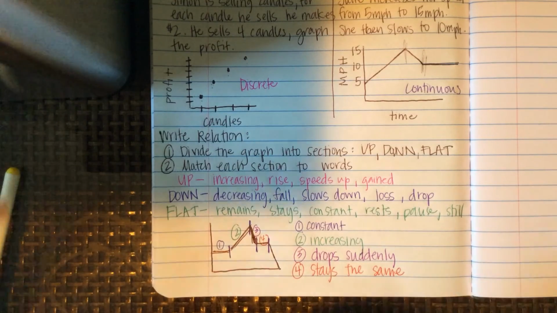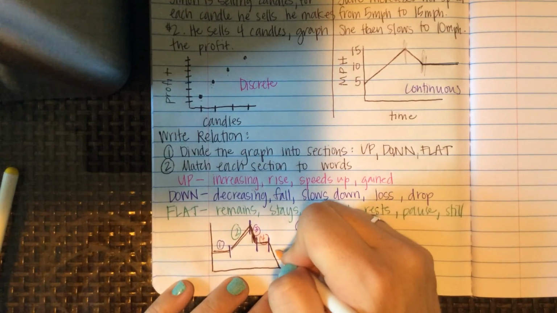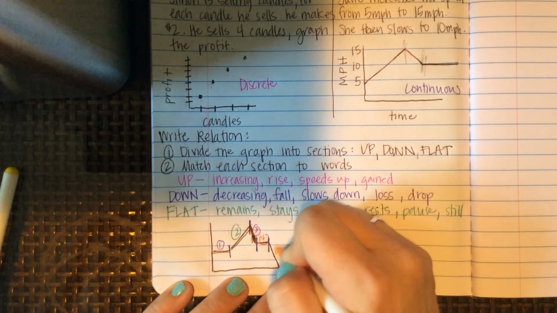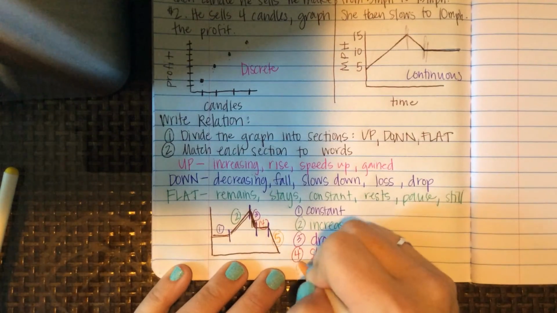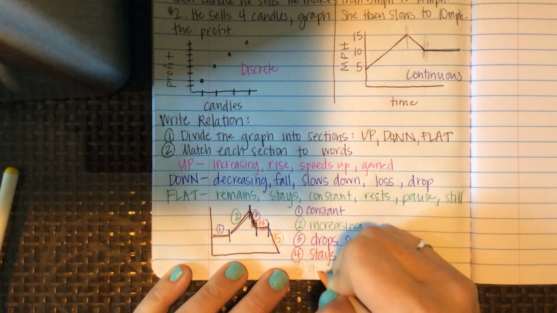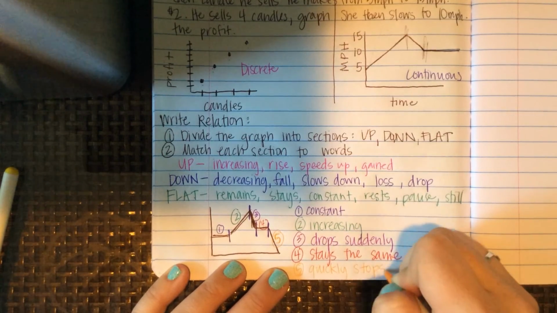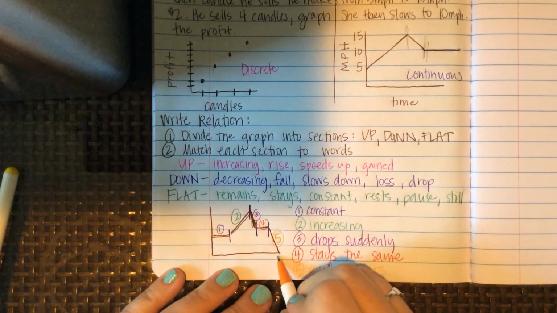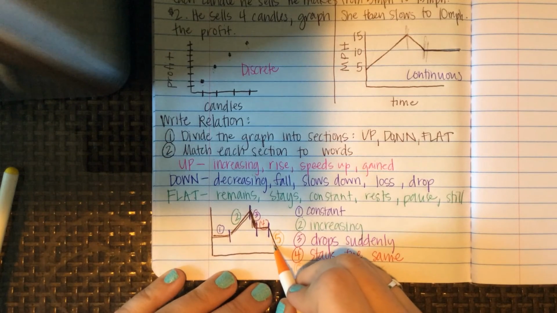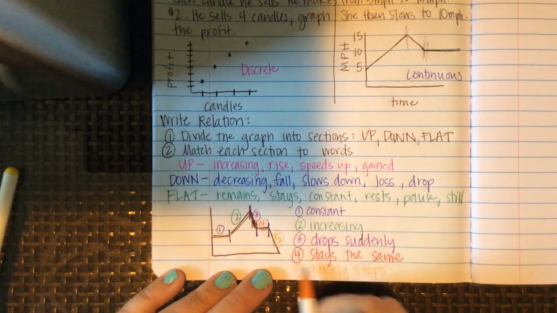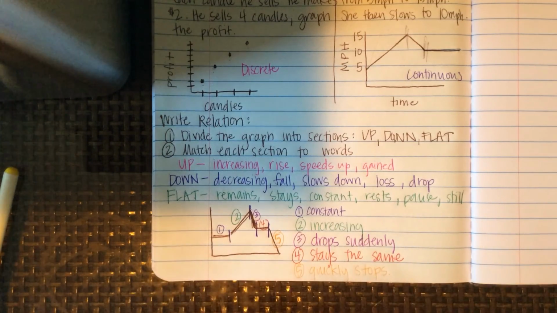And we could move to 5, where it quickly stops because it ends. It comes to an end at the graph. If it stopped right here and then stayed flat, right, it would not end. But since it stops at the x-axis, we'd say that this quickly stops.